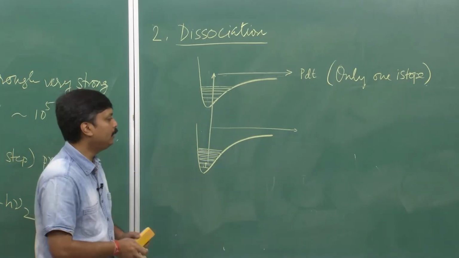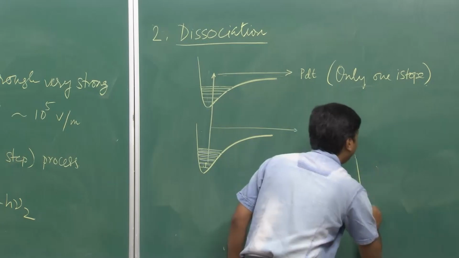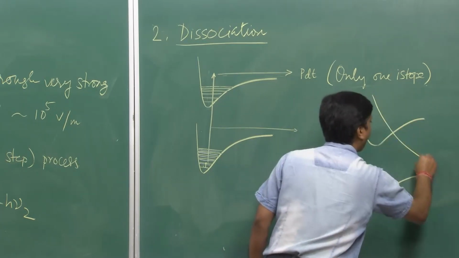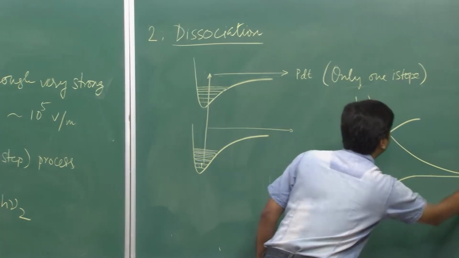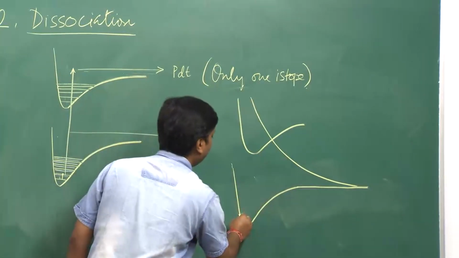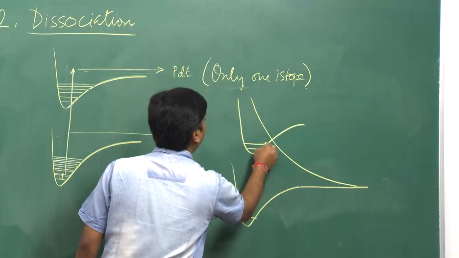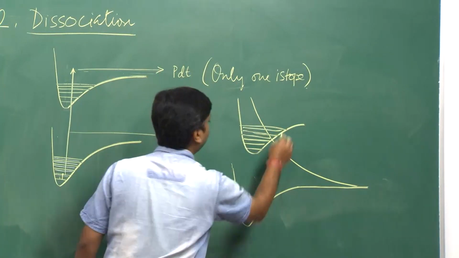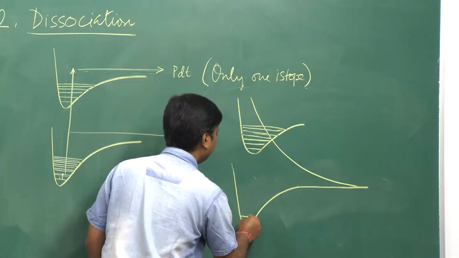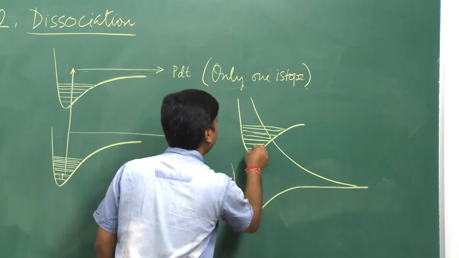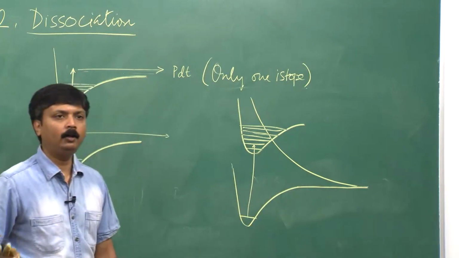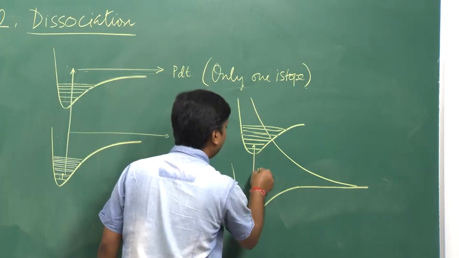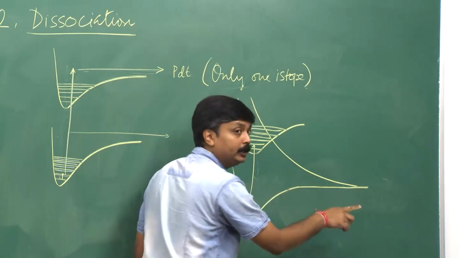Okay. So, for example, if I show it separately, this is a dissociative state. If I excite here, I will not have any problem, because this will just come down and at most it can come here and then it can dissociate.